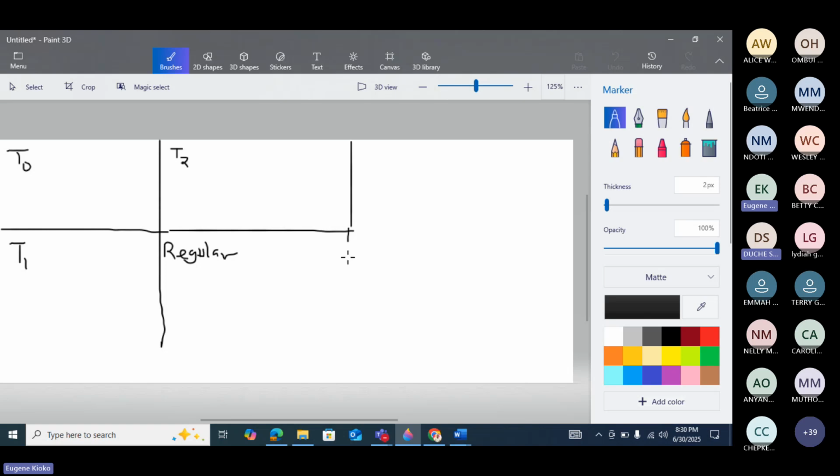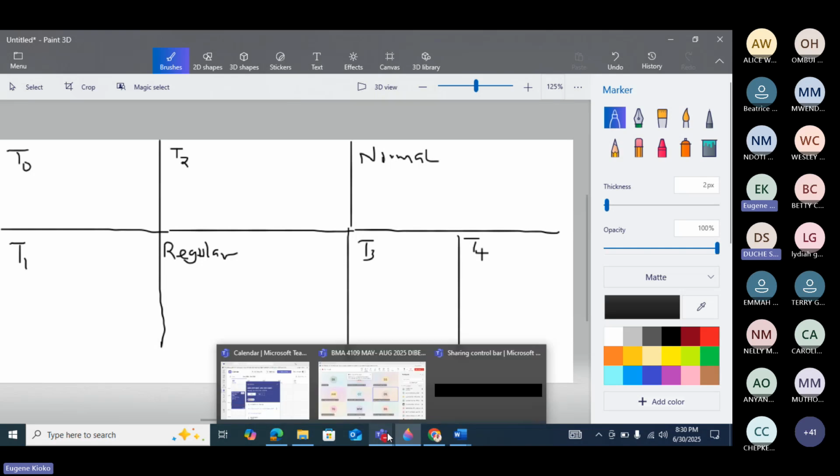Then from regular, we have what we call normal. Then from normal, we'll have what we call T3 and T4.